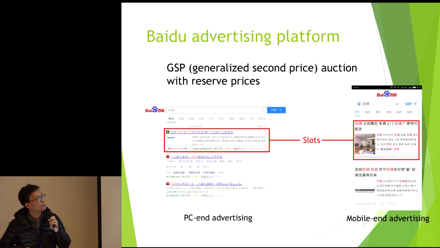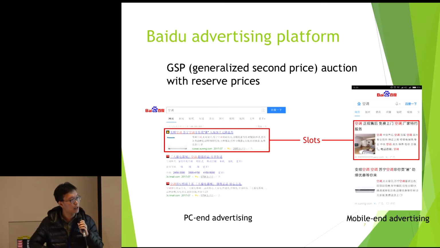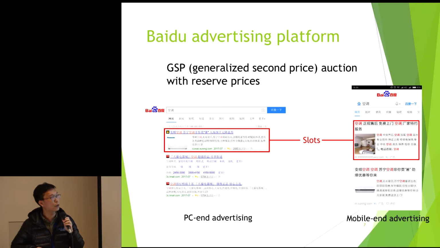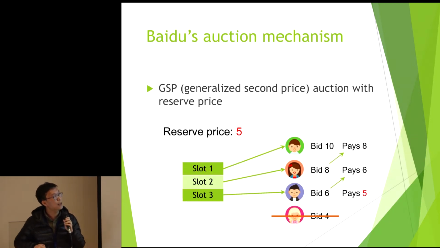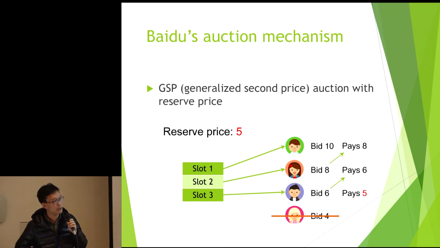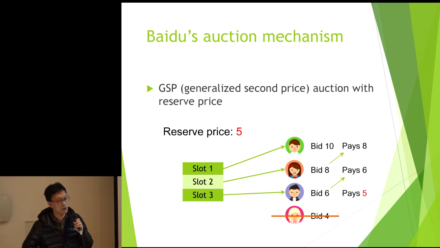Baidu has different advertising platforms. This is a PC end, and this is a mobile end. But they both sell ads or ad slots through the GSP auction with reserve prices. So how does this mechanism work? We have a reserve price. First we remove all the bids that are below the reserve price, and then we sort the remaining bids in descending order and allocate the advertising slots accordingly.